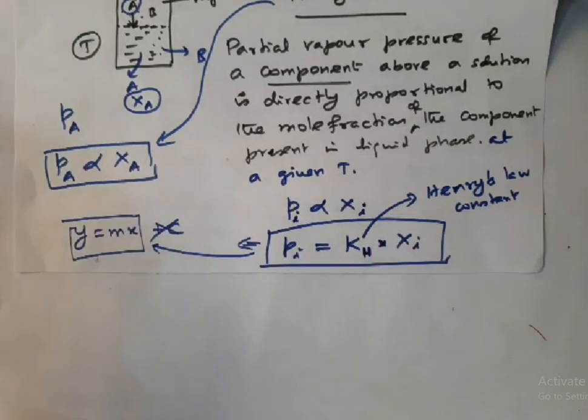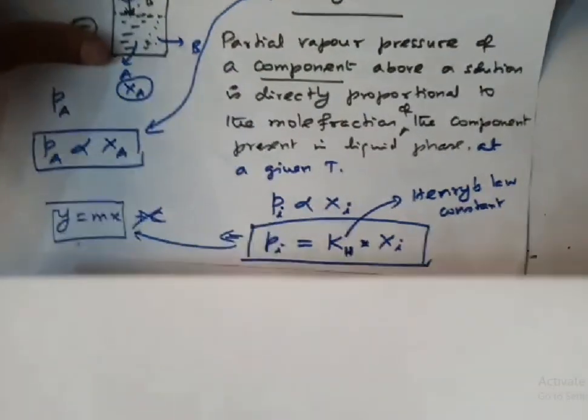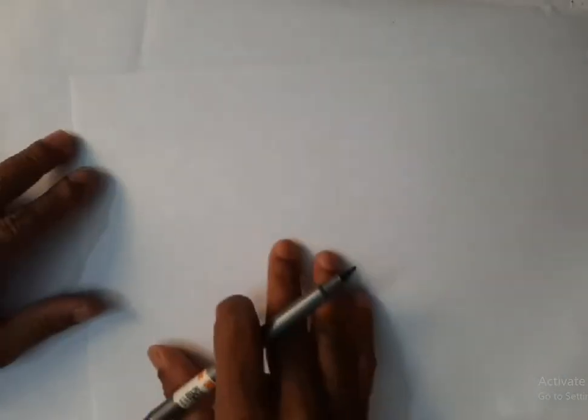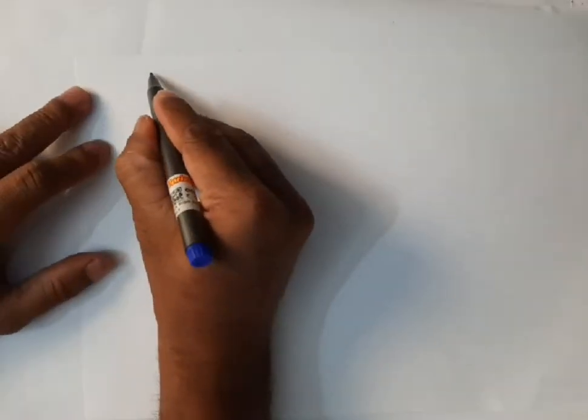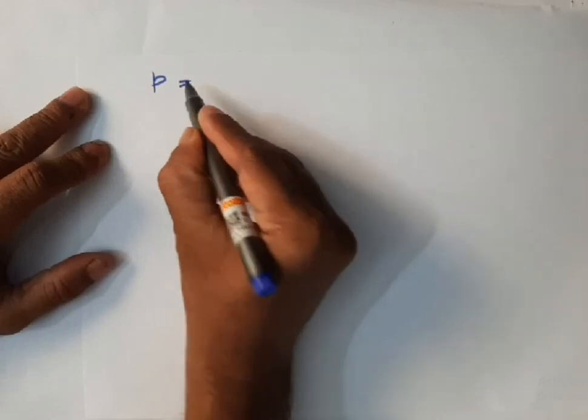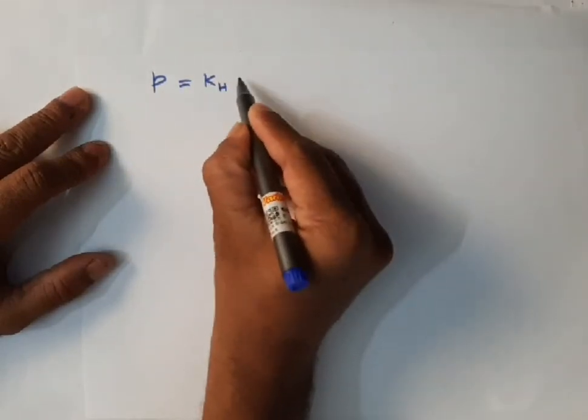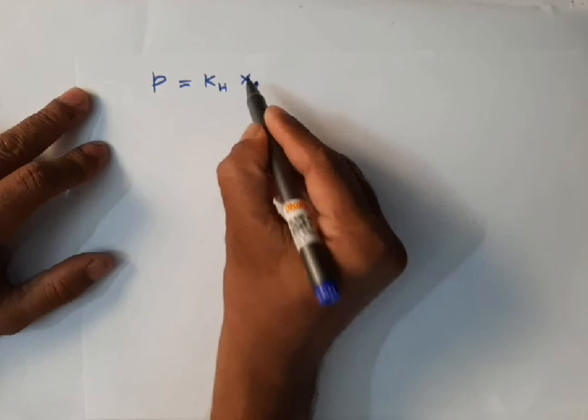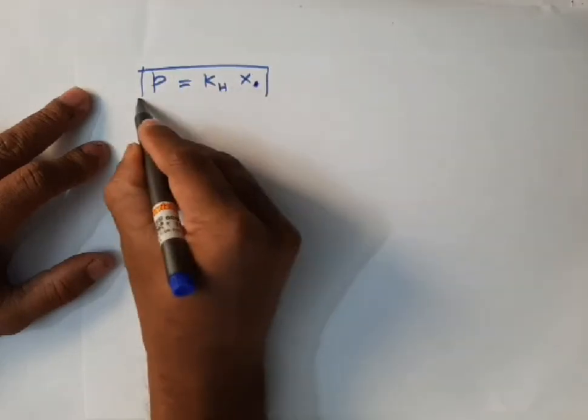Let me do it on the next page. Students, observe this carefully. Here we have partial pressure equal to Henry's law constant times Xi, or x.